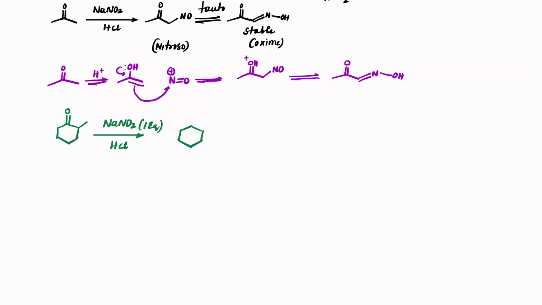Based on that, the more stable enol is in this direction, so NO will go here. But unfortunately, there is no hydrogen here, so only this is the major product you will report. So there is no oxime form, and you'll only report the product as nitroso.